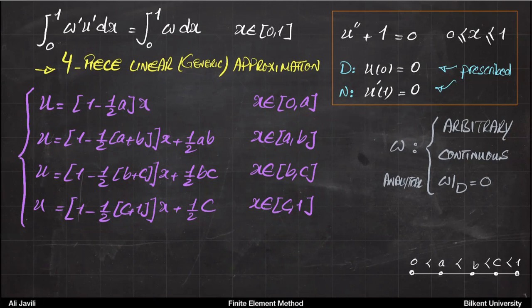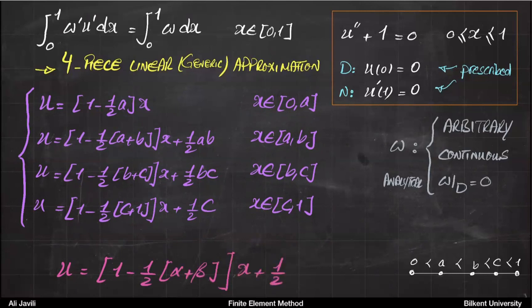It turns out that we can write all of this like u equals 1 minus 1/2 alpha plus beta times x plus 1/2 of alpha times beta. And then again, this holds for a piece where x is between alpha and beta.